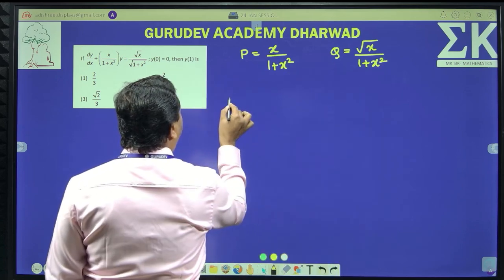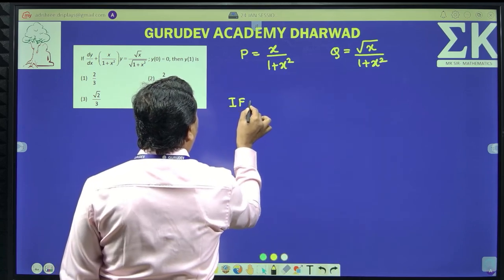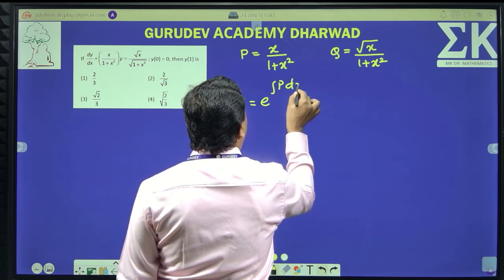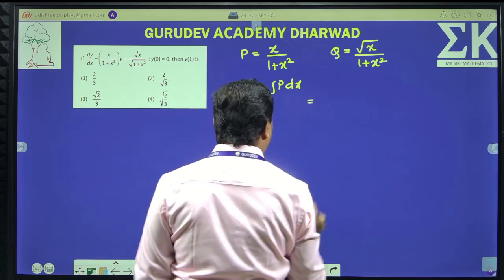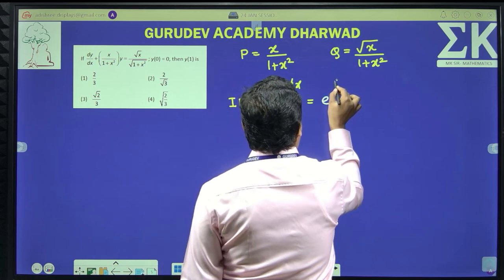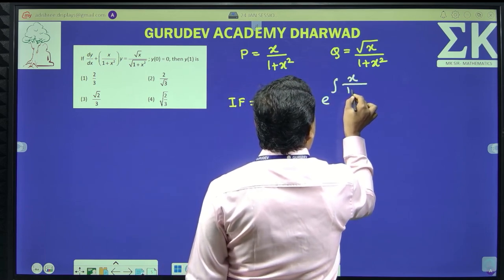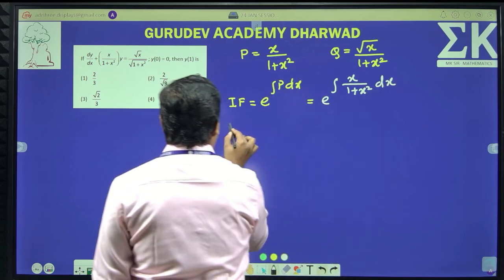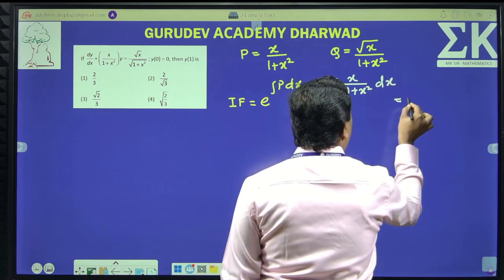Therefore, what is the integrating factor formula? The integrating factor is e to the power integral of p dx, which is equal to e to the power integral of x divided by 1 plus x square dx. Therefore, what is the integrating factor?